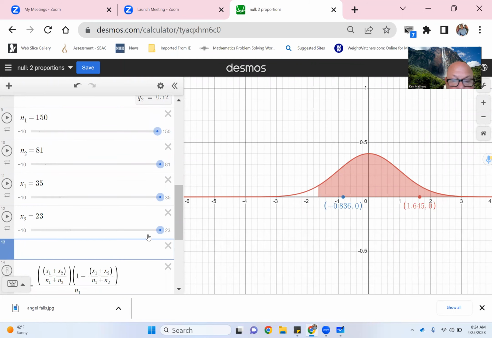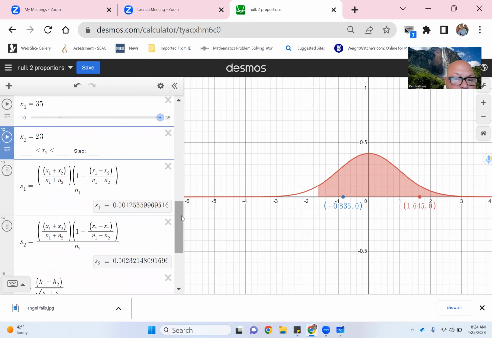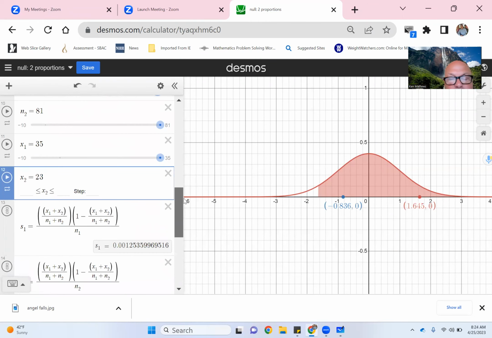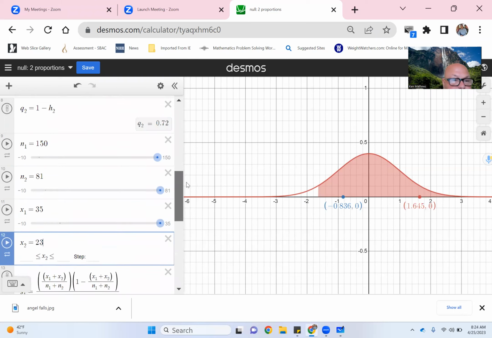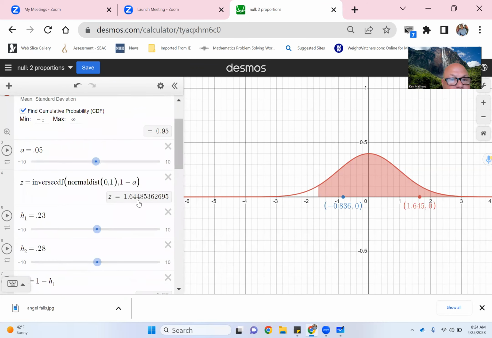All right, now we use this lovely formula and this lovely formula and this lovely formula to get our test statistic. However, at this point, we need our critical z value, and here it is, 1.64. Now, we have to be smarter than Desmos. Since it's left tail, it's going to be negative.